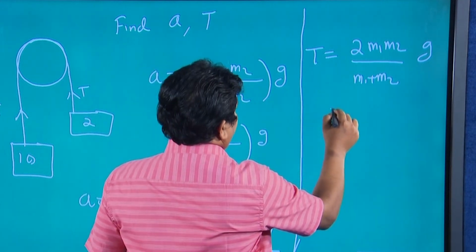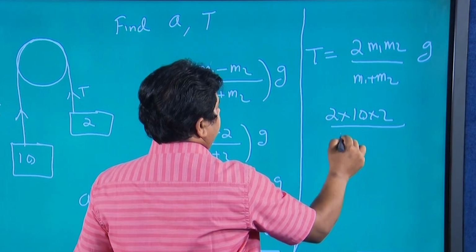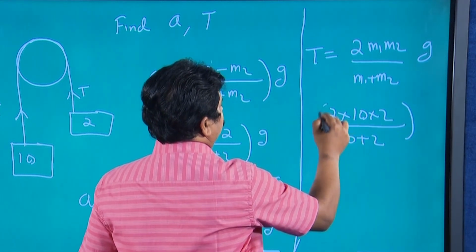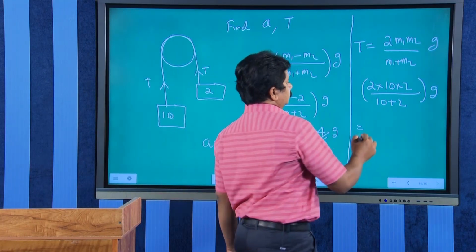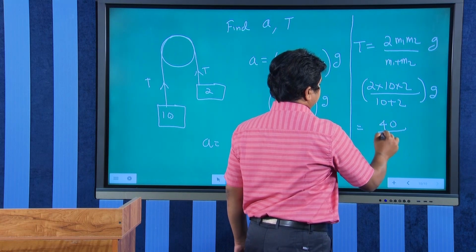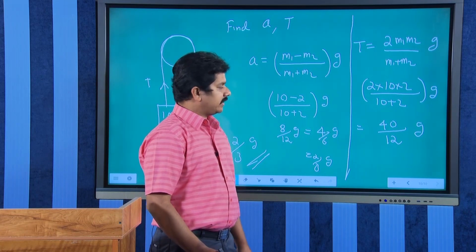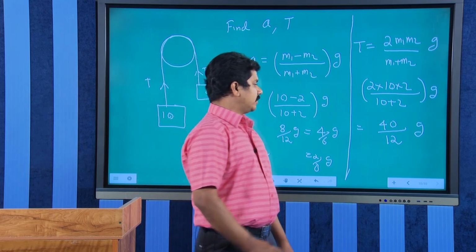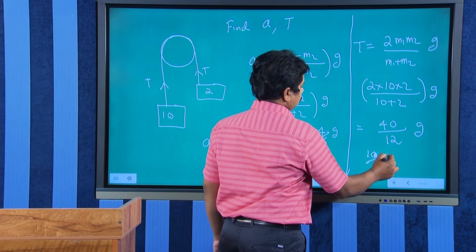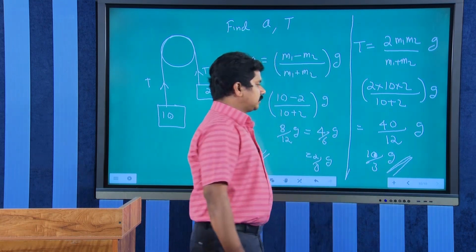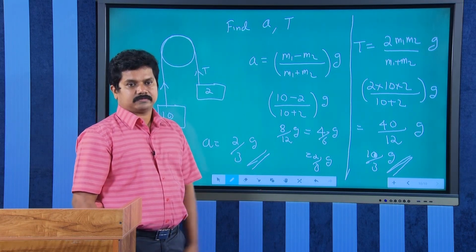So, how much? 2 into 10 into 2 by 10 plus 2 into G. That is 40 by 12 G, or 10 by 3 G, right. So, this is our tension.